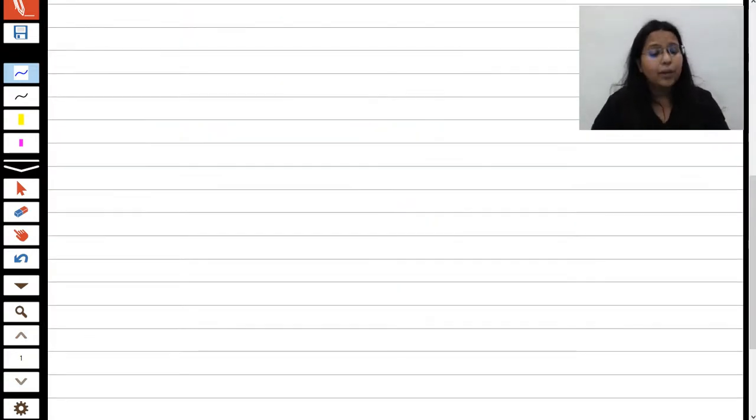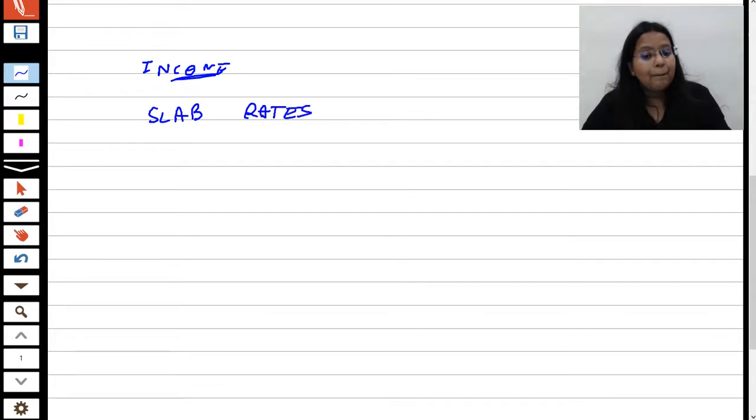Third is, students, in the case of direct taxes, rates of taxes are different from person to person. How? Because in income tax, rates are according to slab rates. Yes, there are slab rates in income tax. It means a person who is earning up to rupees 2,50,000, the tax rate shall be nil.